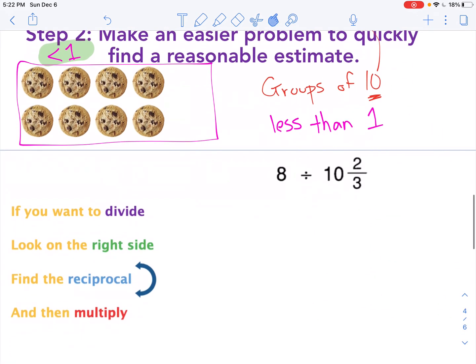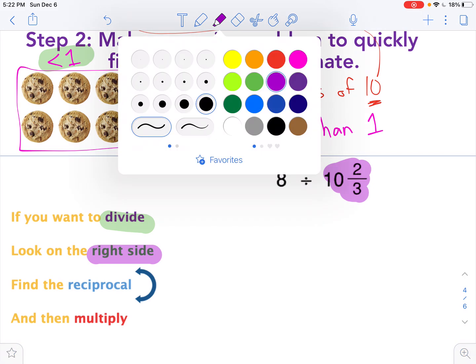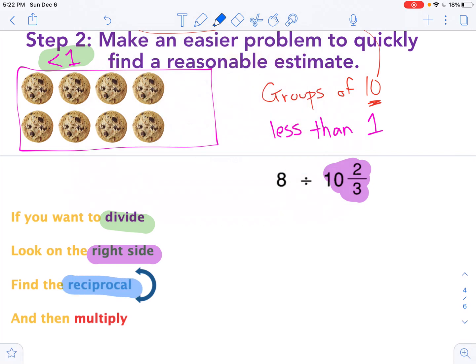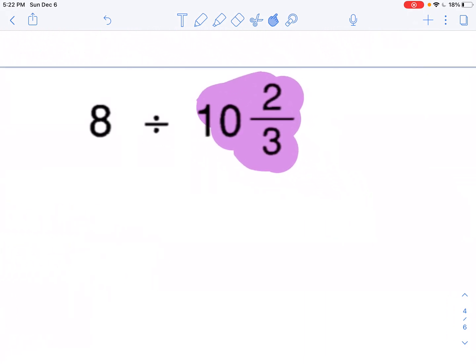So here we go. If you want to divide, division symbol, look on the right side. So here it is on the right. Find the reciprocal. But we're going to have that same problem that we did in the last one. 10 and 2/3 is not a fraction. It's a mixed number.